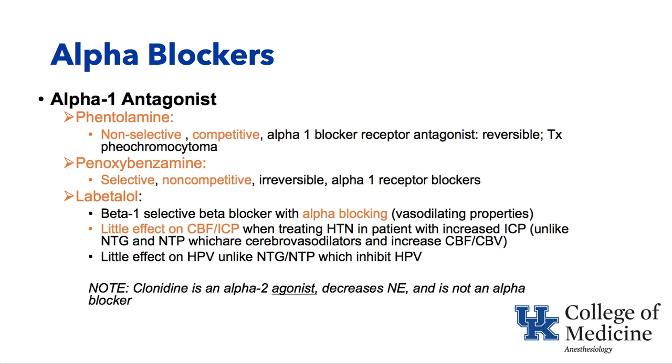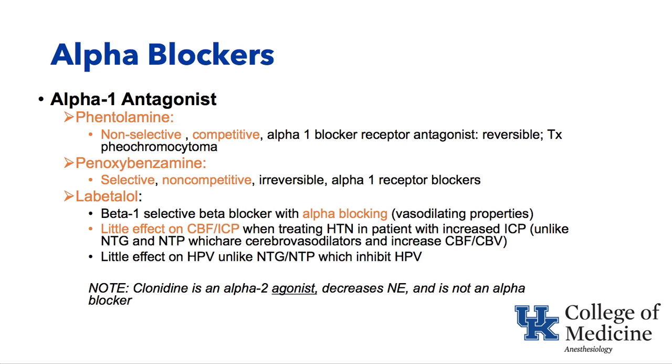For example, if someone had an ICP of, let's say, 25 and their blood pressure is way up and you wanted to decrease their blood pressure, nitroglycerin and nitroprusside would not be great choices because they are cerebral vasodilators and increase cerebral blood volume, while labetalol does not tend to do that. Neither does esmolol.